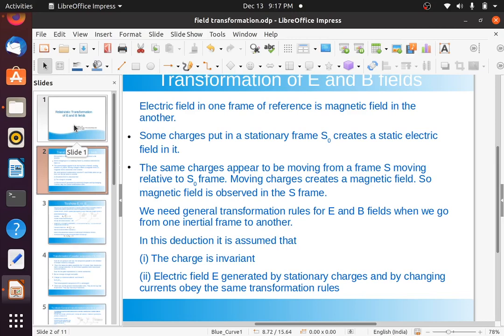So both these electric field creators obey the same set of transformation rules. These two assumptions are inherent in this deduction.